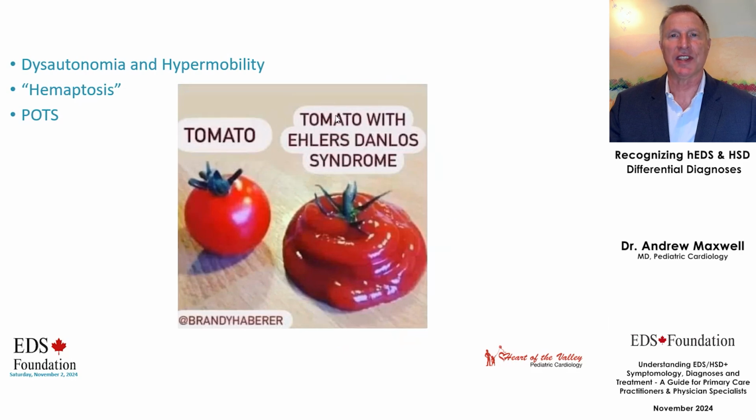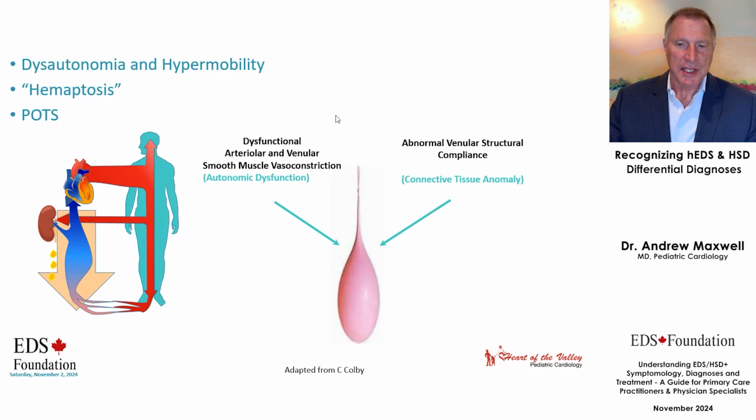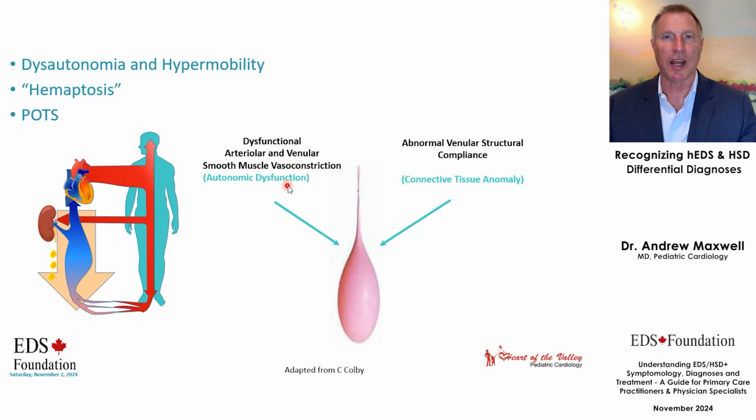And you might think of this sag in this way, and maybe you'll always remember that sag in this way. And this is courtesy of the internet. So why does that sag occur? Why is there a saggy balloon type situation going on? Well, two main reasons. The first is dysfunction of the autonomic nervous system, as we described earlier.